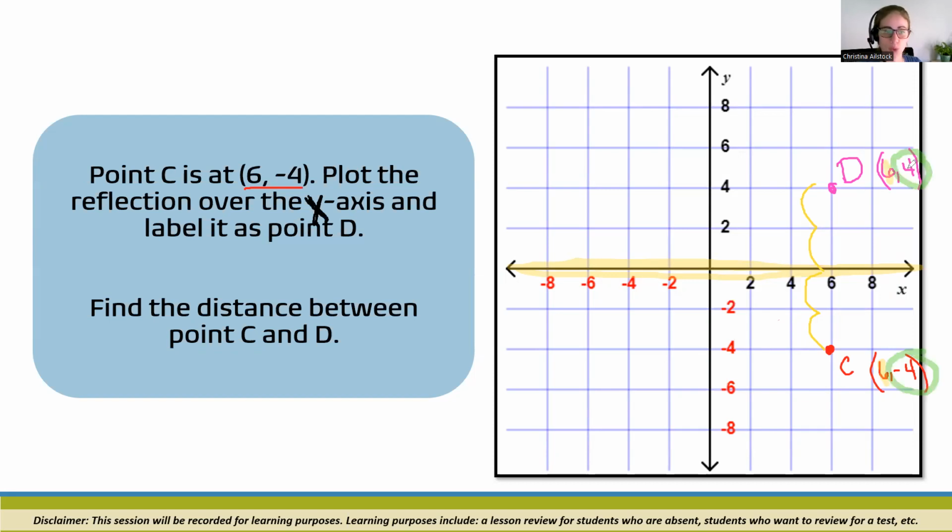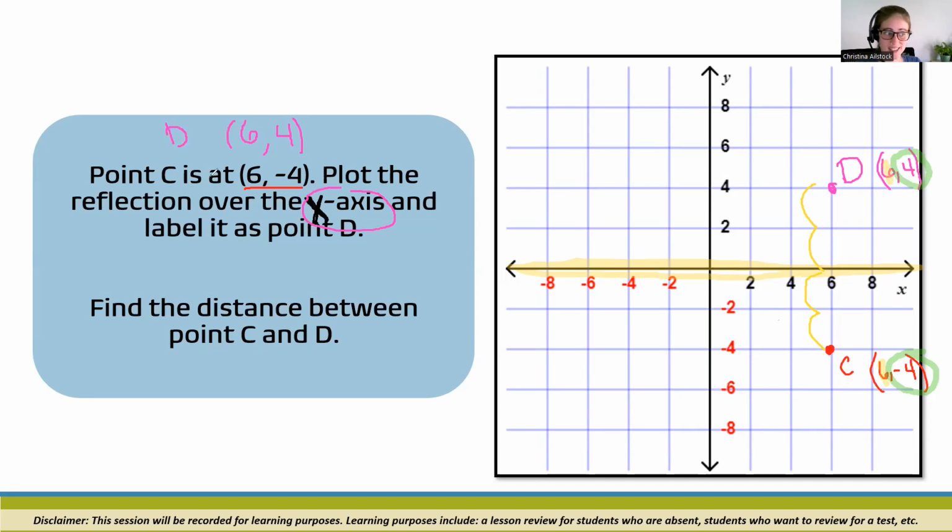We went from a -4 to a +4. So if you were doing this without a graph and you had your problem and you saw that your point was located at 6, -4 and reflected across the x-axis, that would say, all right, if it's reflected across the x, my x stays the same, my y becomes the opposite. So that -4 becomes a +4.